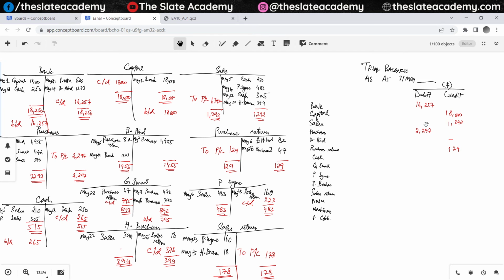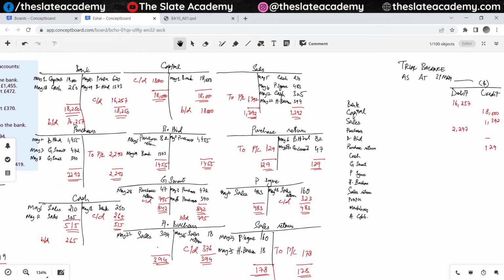Achha ji, after purchase return, I've got cash. Cash, how much is the carried down? 265. Just be sure to write the amount in the right column, debit or credit, and in front of the right account. ठीक है जी.